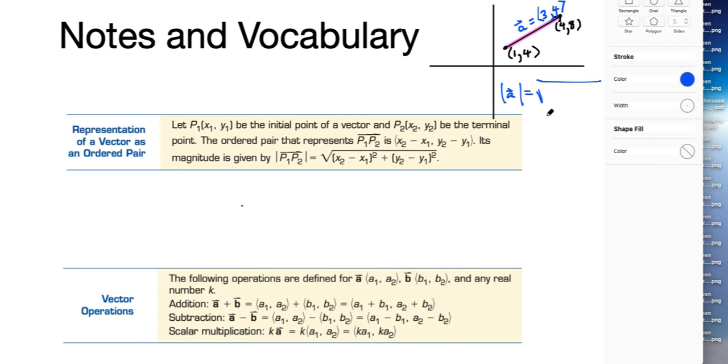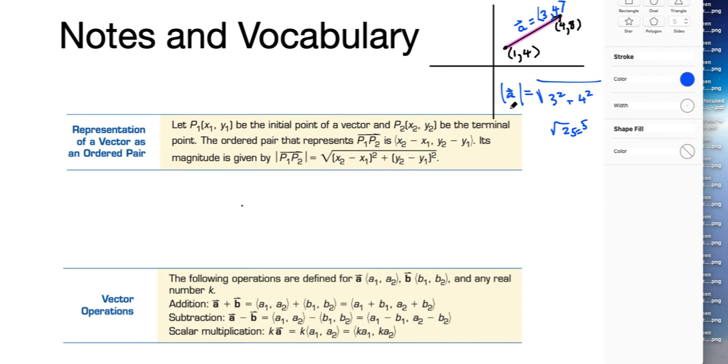That's going to be the difference between the x values squared, so 4 minus 1 squared, plus 8 minus 4 squared, which is 3 squared, 9, plus 4 squared, 16. 9 plus 16 is the square root of 25. We would get 5 as the length, or the magnitude, of this vector.